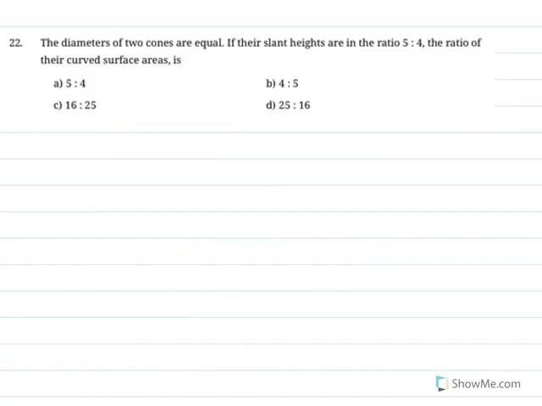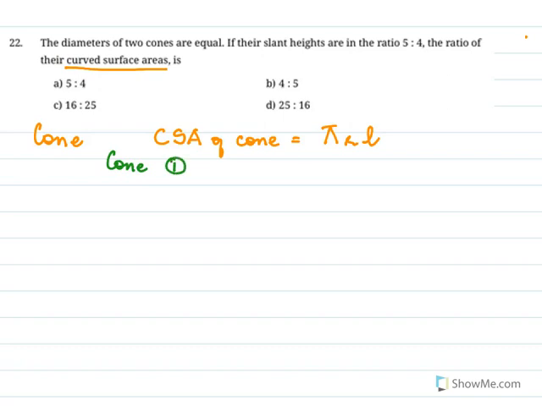The diameters of two cones are equal. If the slant heights are in a ratio 5:4, the ratio of their curved surface areas is? So here we are dealing with cones and their curved surface area, and we know the CSA of a cone is pi R L. Here we have two cones, cone 1 and cone 2.